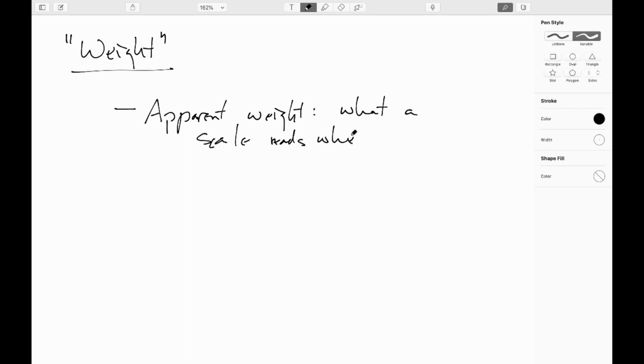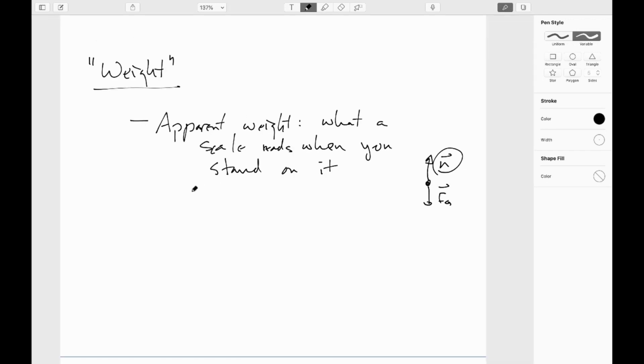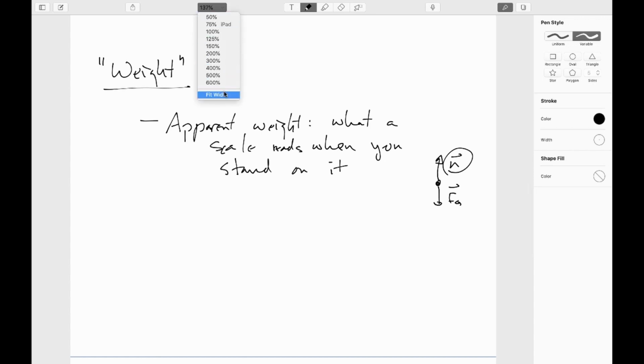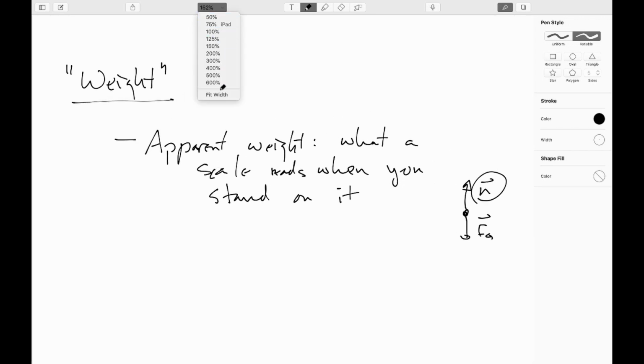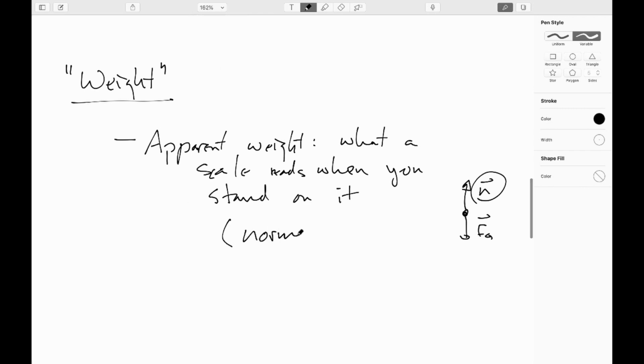Now, if you think about that for a second, if you're standing on a scale, you've got the normal force of the scale up on you, you've got the force of gravity down on you, and what the scale reads is the normal force that it exerts on you. So this is really measuring the normal force.